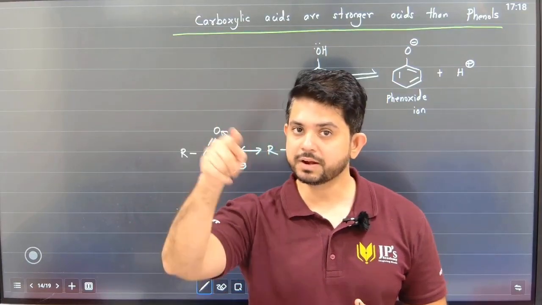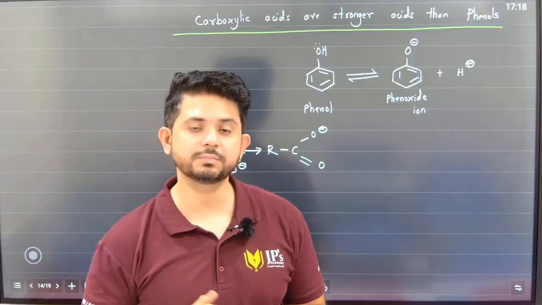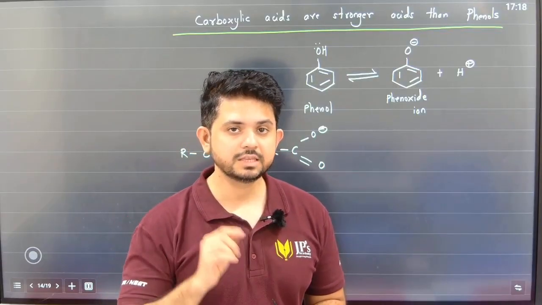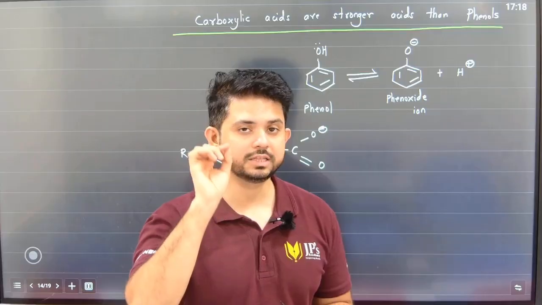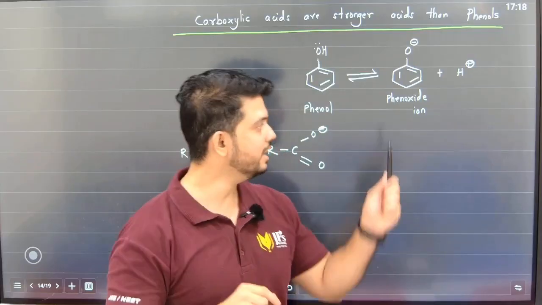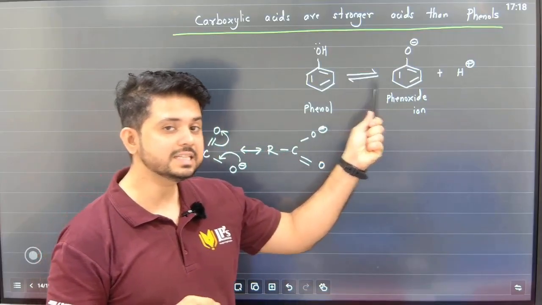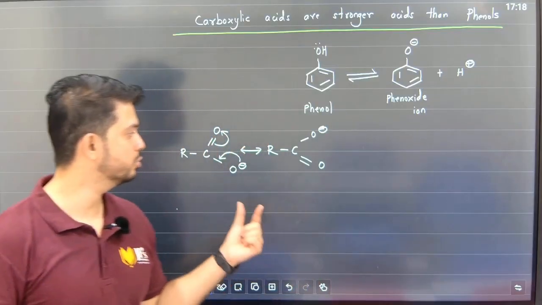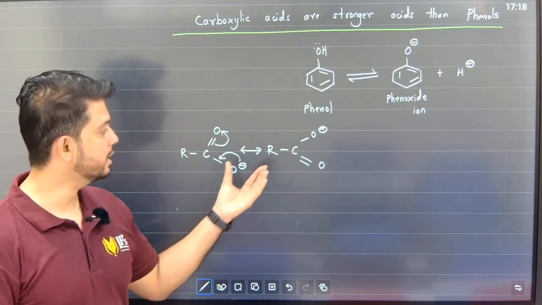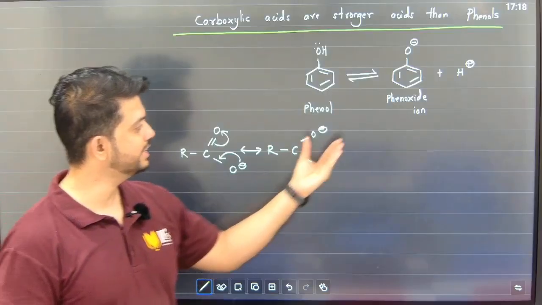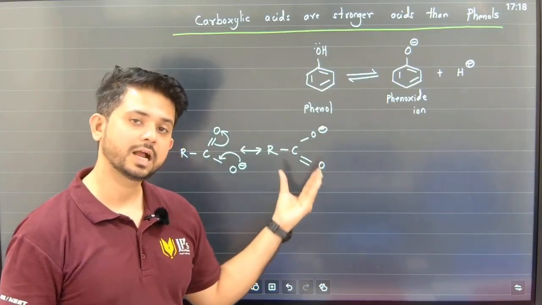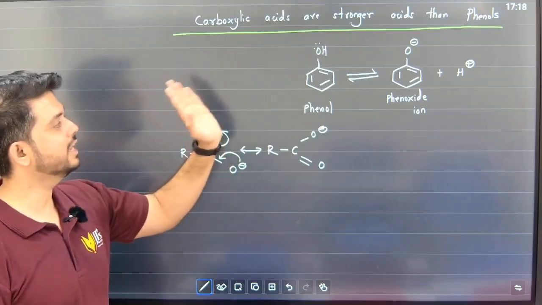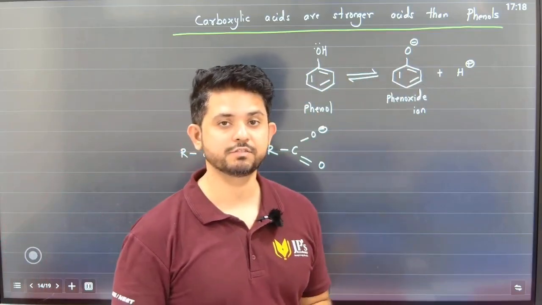Remember, phenols में हमने पढ़ा है phenoxide ion is a very stable ion, but when phenoxide ion resonates, the electrons in the ring are resonating or increasing the electron density on carbon, and that's not the case over here. So you can see that the comparison between a carboxylate ion and phenoxide ion, carboxylate ions are more stable, hence making carboxylic acids stronger acids than phenol.